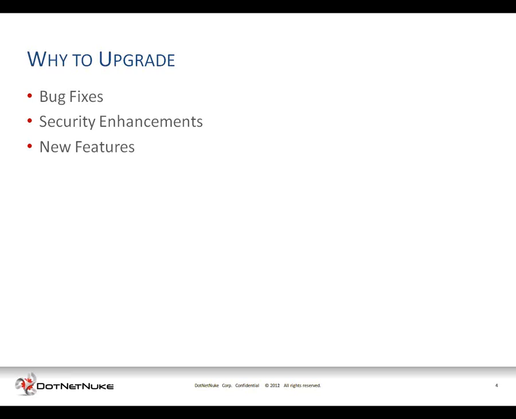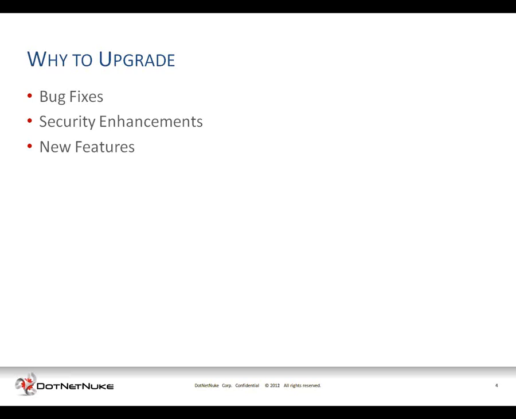Now, for the most part, we try to create new features in our major releases, so say version 6 to 6.1 and then 6.2 is coming out, but you will see some new features added here or there in what we call our minor releases. So a minor release would be going from version 6.1.4 to 6.1.5. Now, the upgrade process for going from various versions is going to be the same, and we'll talk through that here in today's webinar.